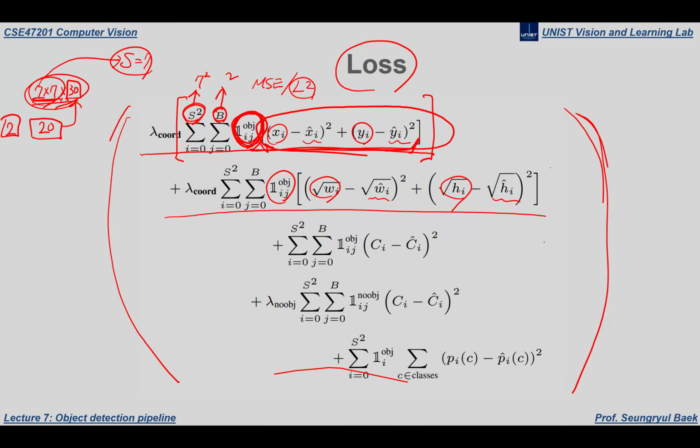Also, this is the same thing: they apply it for all the bounding boxes in the grid. If there is an object inside, they apply this loss for the width and height of the bounding box. This is very simple. Even though they look very complicated at first glance, they are very simple.